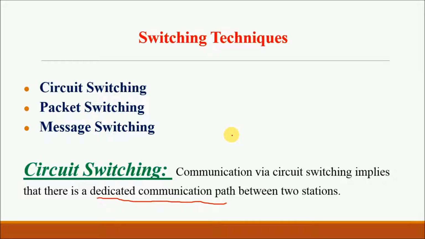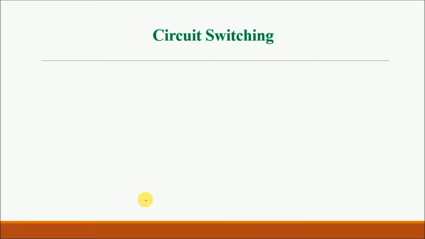If we want to communicate with another telephone, then at first, through dialing, we have to establish the communication path. Then we communicate, and at the end of communication we disconnect the connection. So basically circuit switching is this kind of technique.